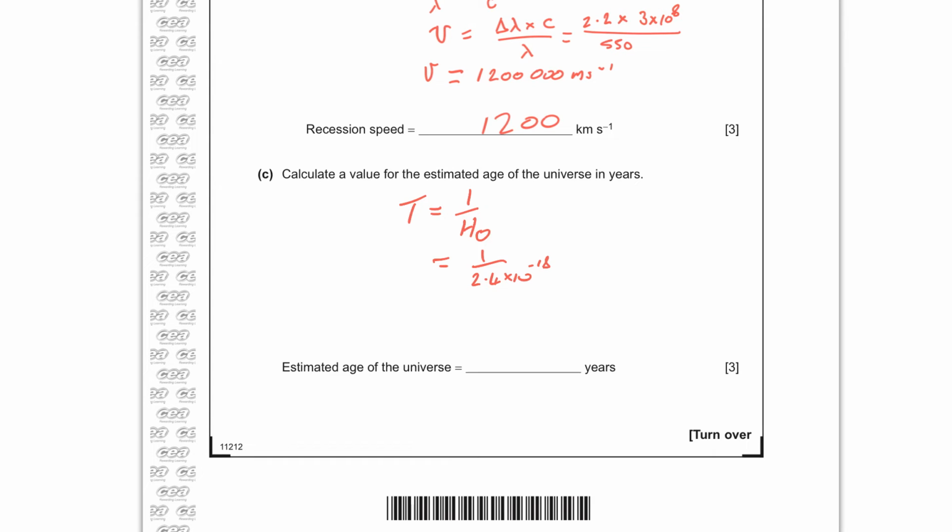And taking 1 over that gives us 4.2 times 10 to the 17 seconds. And if you divide that by 60 times 60 times 24 times 365, you should get it in years. And that gives us an age of the universe of about 1.3 times 10 to the 10 years.